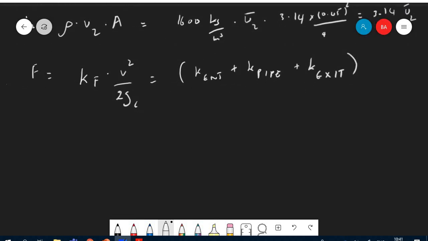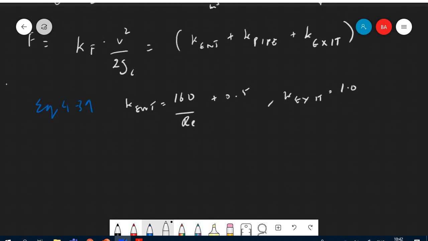If you just substitute these numbers, for k entrance, let's go back to the equations. This is equation 439, I'll write that in blue. So in equation 439, I have my k entrance equal to 160 over Reynolds number plus 0.5, with k1 and k infinity, and my k exit is equal to 1.